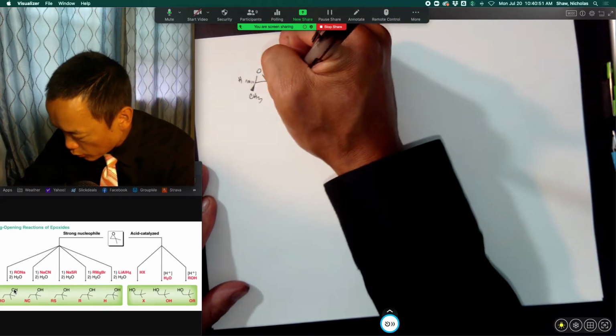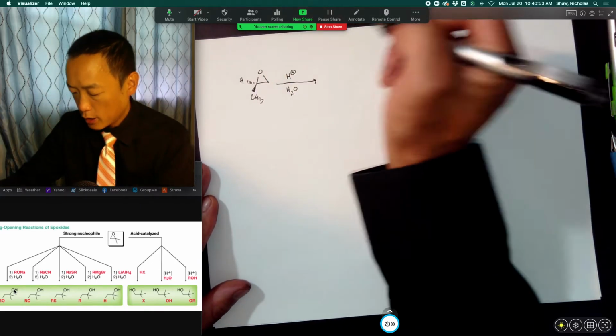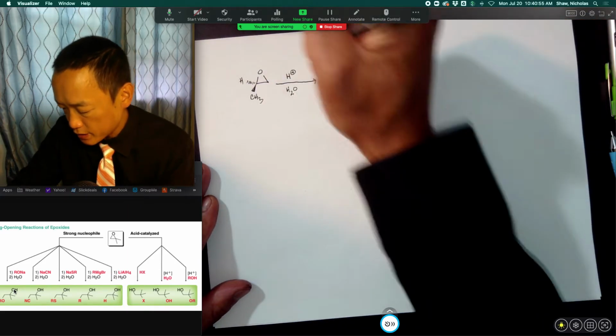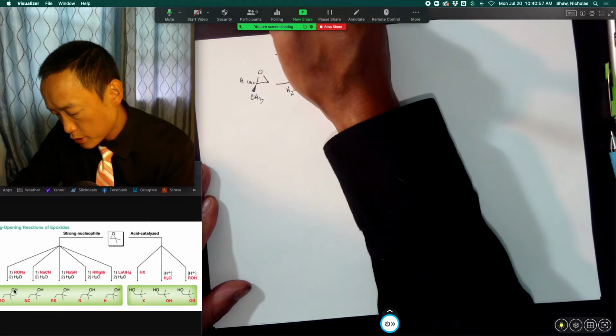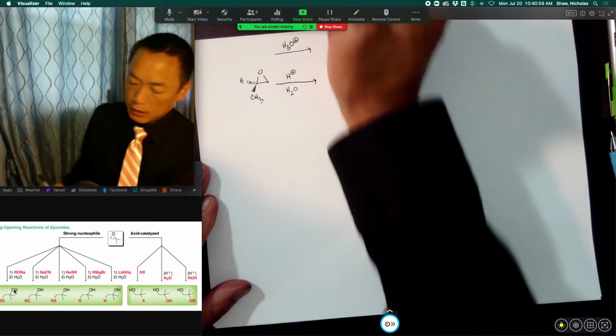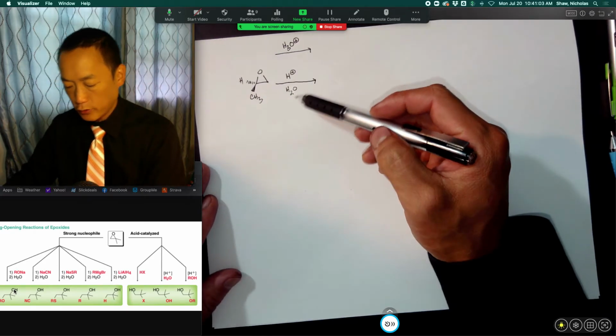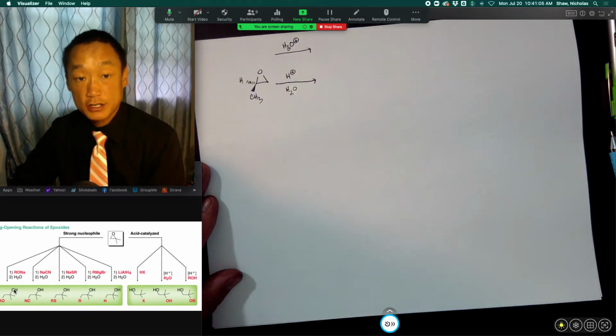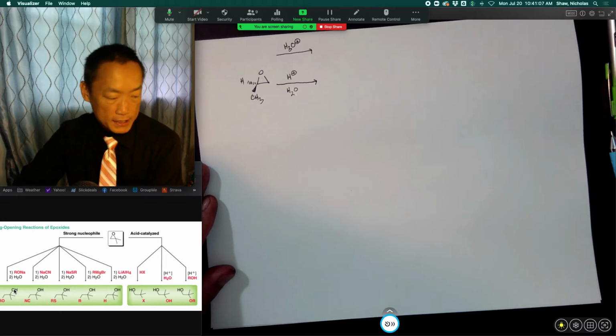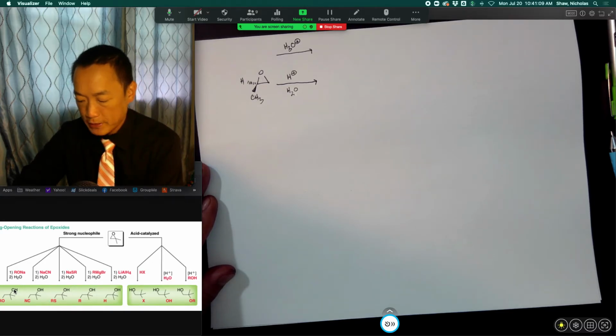You might also see this as just H3O plus as well. But the idea being that we're adding some type of nucleophile under acidic conditions. And we want to ask ourselves what happens then.